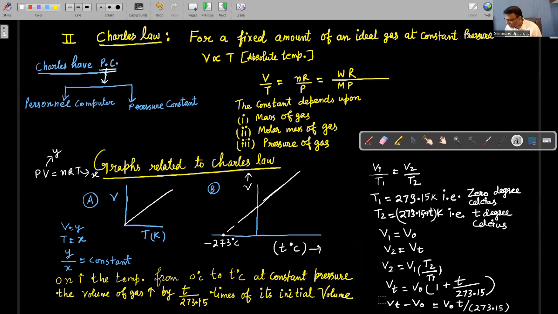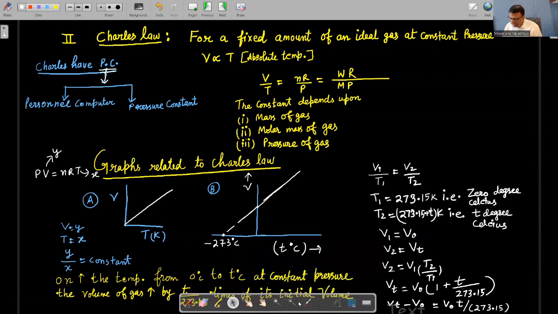So whatever mathematical form we are writing here is written in language: if we increase the temperature from 0 to T degrees Celsius, then the increase in volume is equal to T upon 273.15 times the initial volume of the gas. So this is also a way to ask about Charles' law. It is not only that volume of a gas is directly proportional to temperature when pressure is constant, right? So this is also very important for us, right?